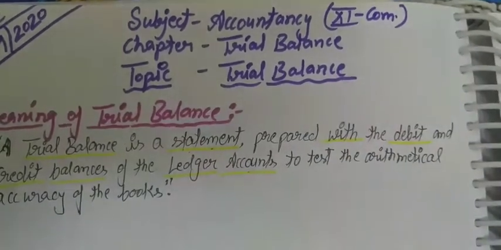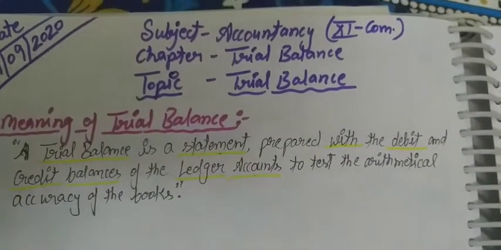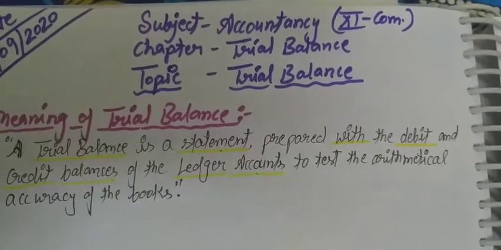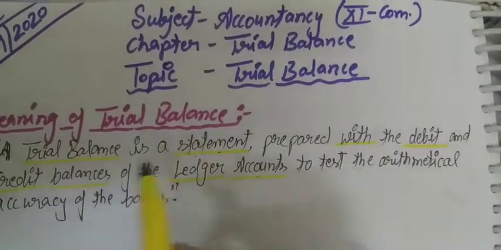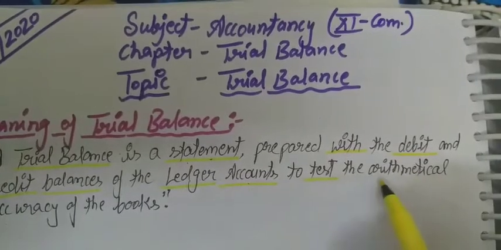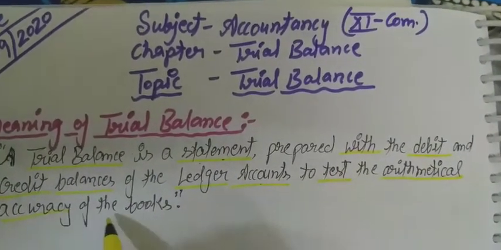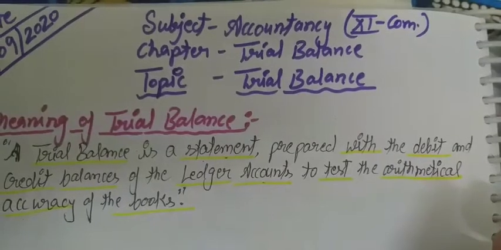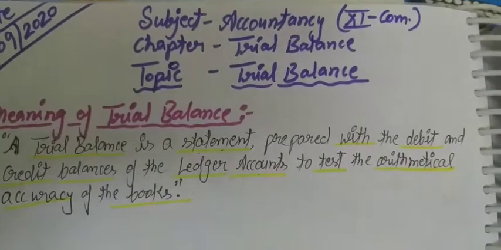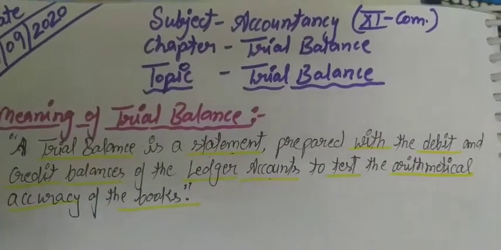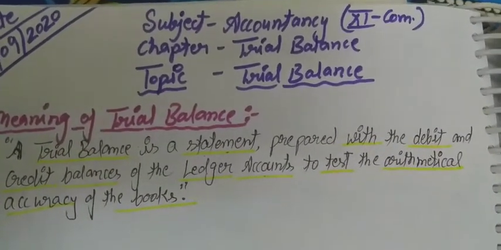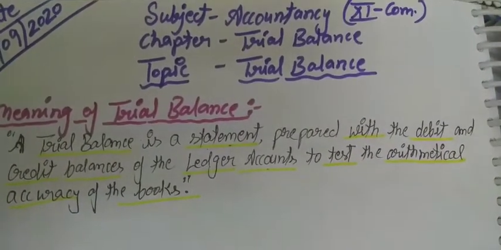Whatever ledger accounts we prepare, the debit or credit balances from them are used to prepare this statement. Why? To test the arithmetical accuracy of the books. This statement is prepared to check arithmetical accuracy. It is so simple, not difficult to learn this meaning and definition.